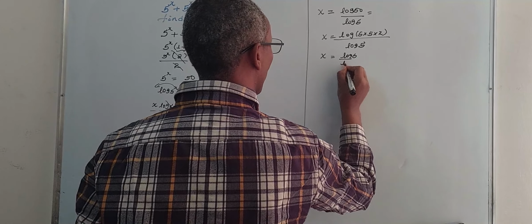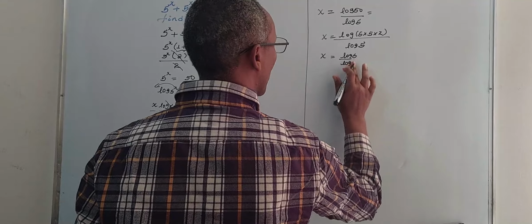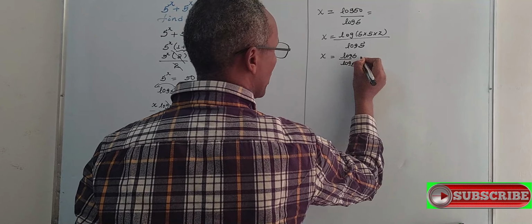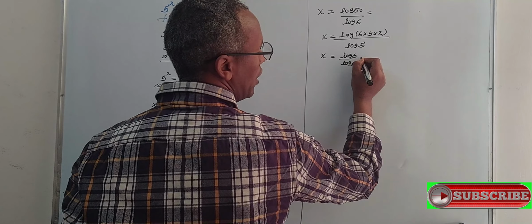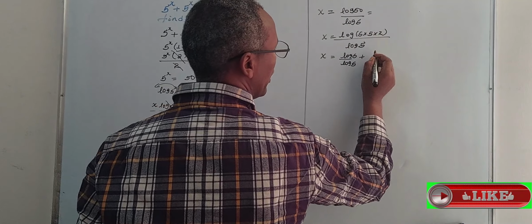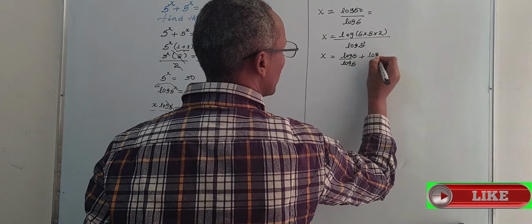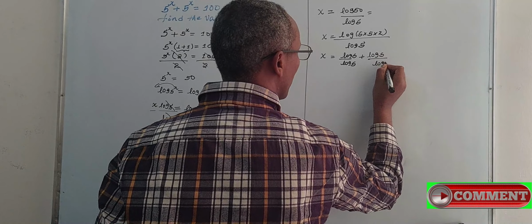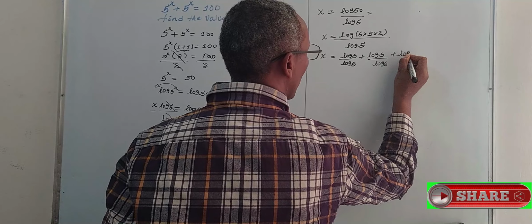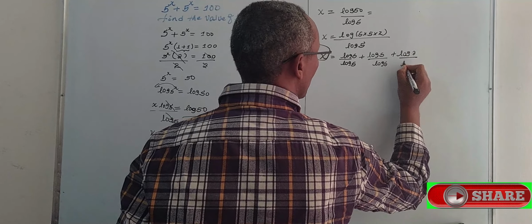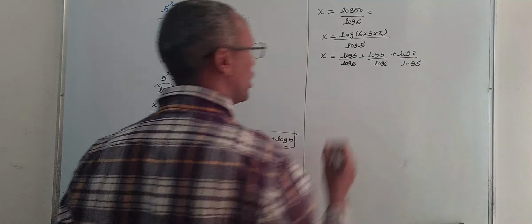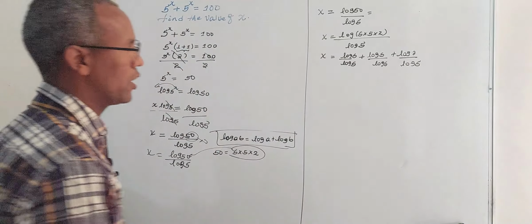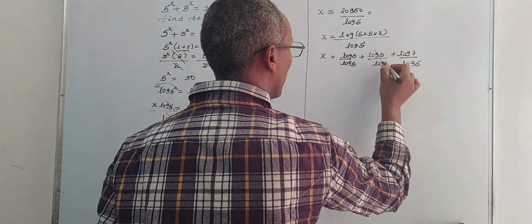x is equal to log of 5 over log of 5, plus log of 5 over log of 5, plus log of 2 over log of 5. Okay, that is what you will get. Now from this you will get 1, right?